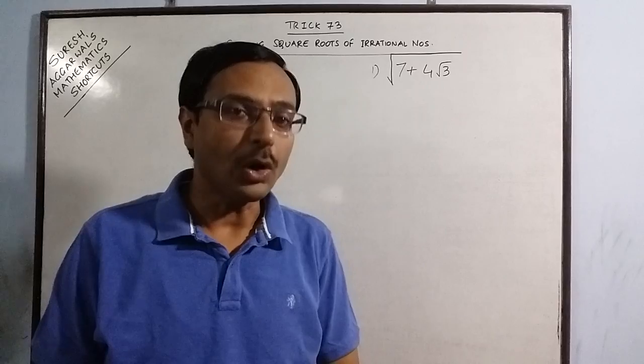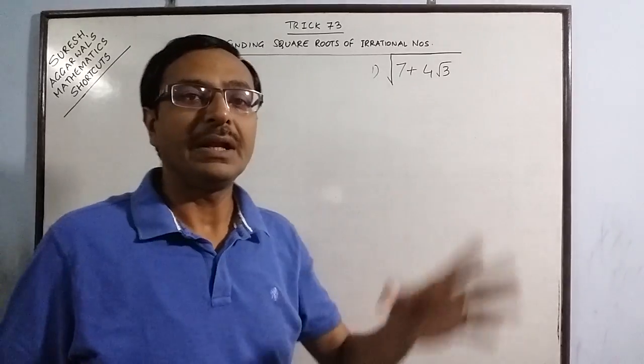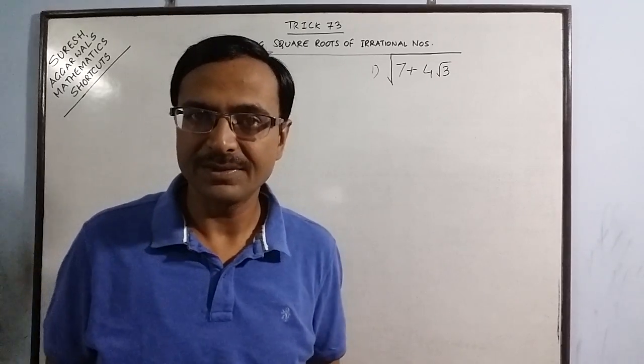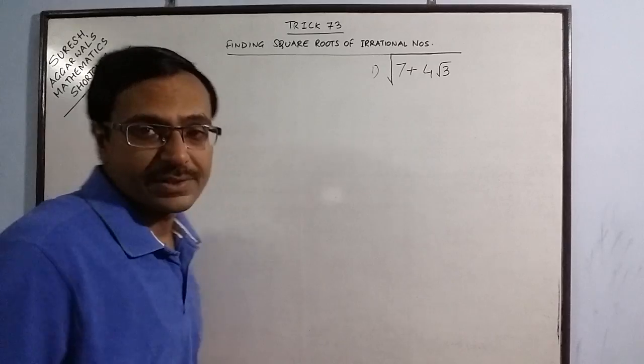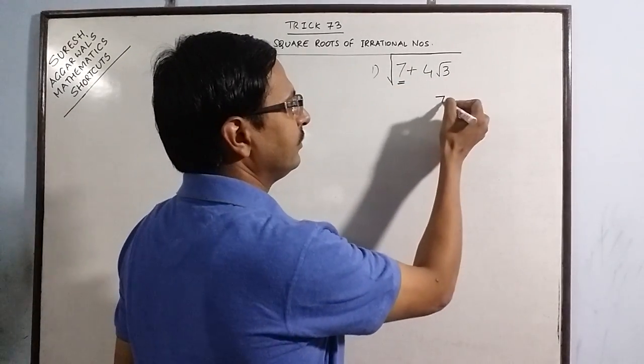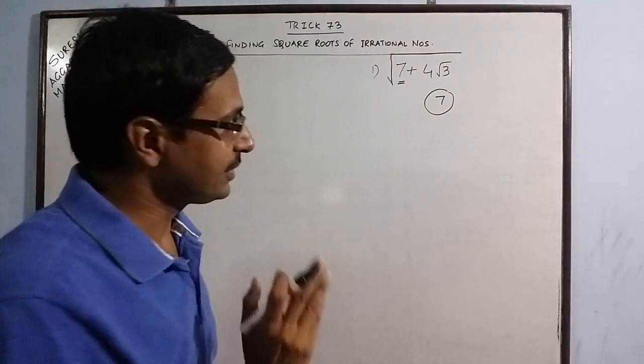But if you do not know that small method, obviously this question will be nearly impossible to solve in competitive exams. So what we do is, we just look at this number 7 and we will know the answer of this question.